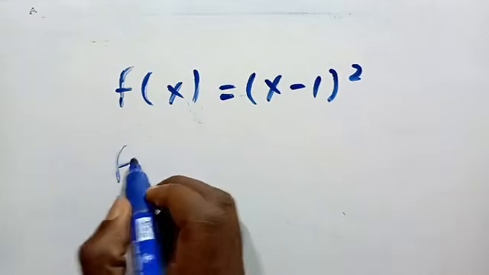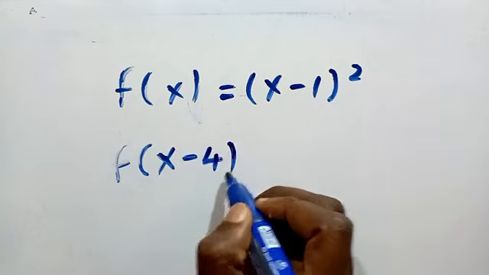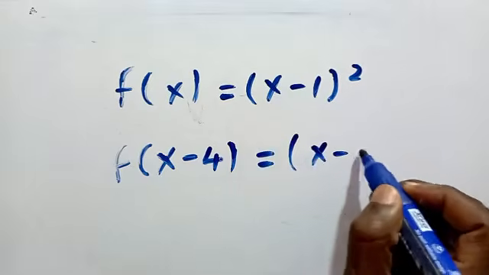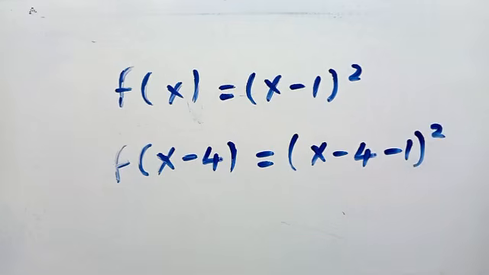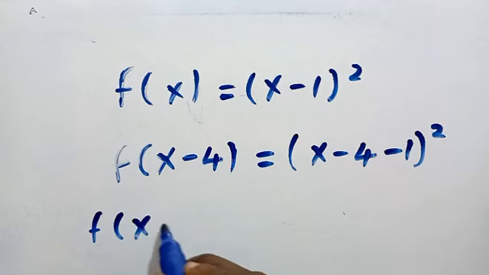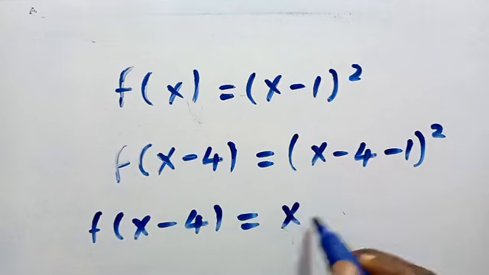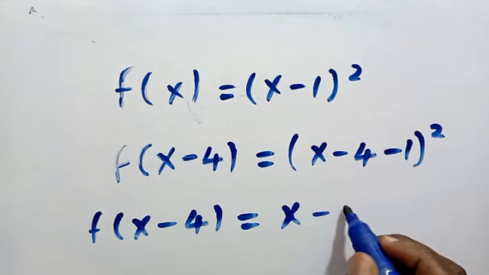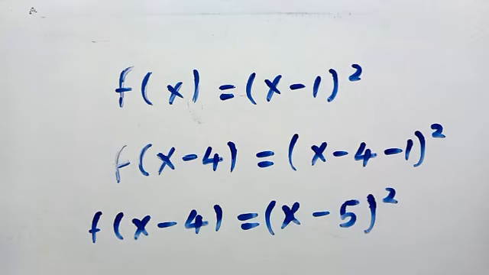We have f of, instead of x, x minus 4, which equals x minus 4, then minus 1, raised to the power of 2. So f of x minus 4 equals x minus 4 minus 1, that gives us minus 5, then raised to the power of 2.